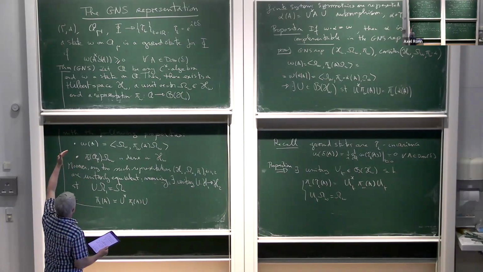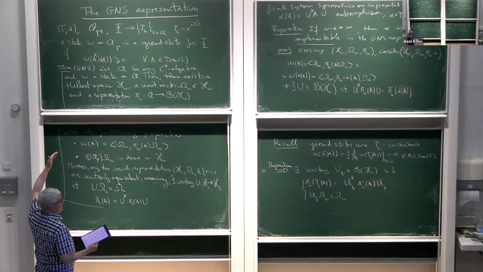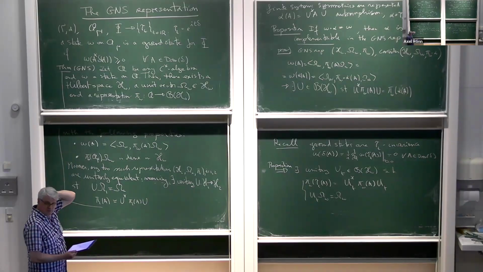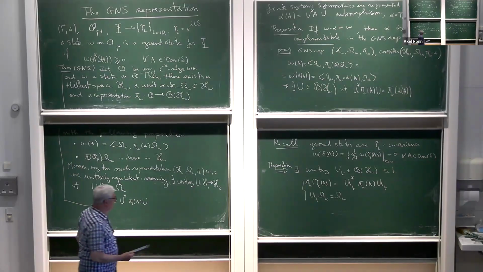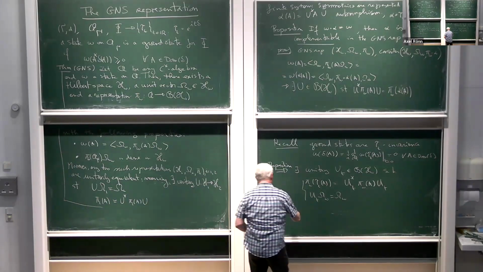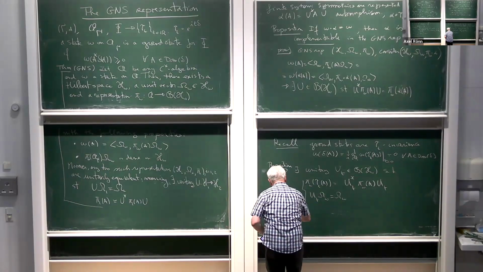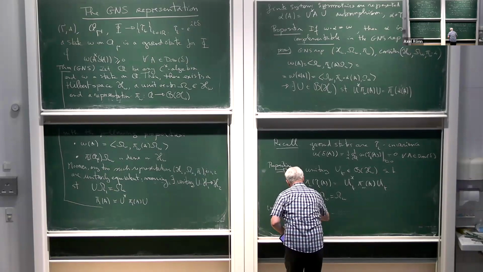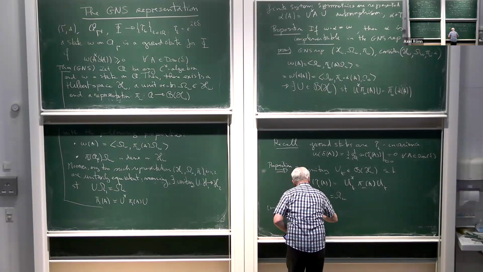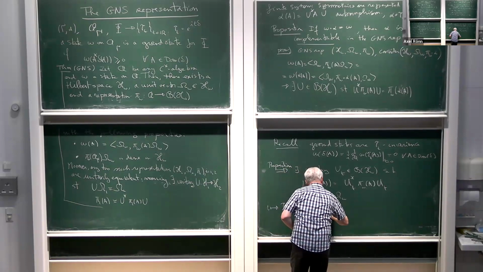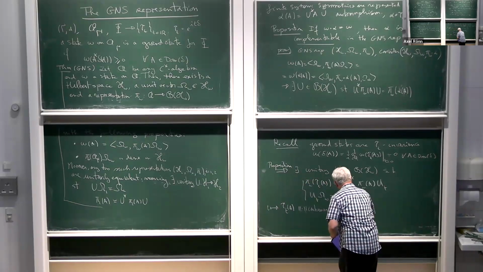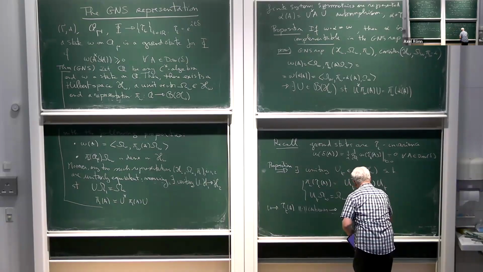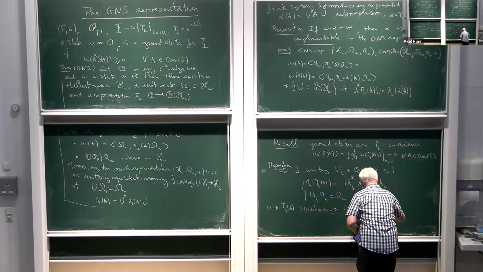If you have, for instance, finite range interaction, in fact much more generally, this group of automorphisms will be strongly continuous, and this implies that the unitary group is simply continuous.